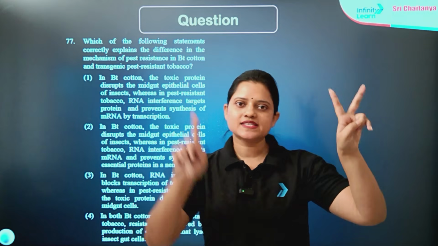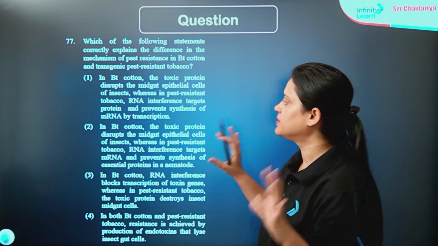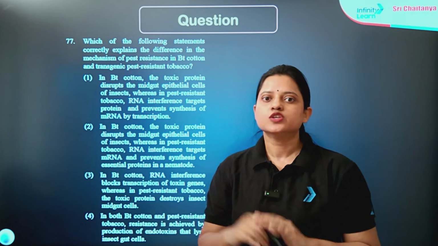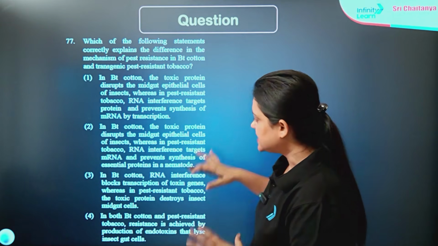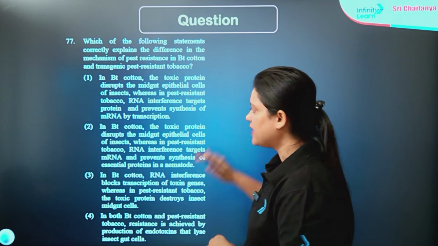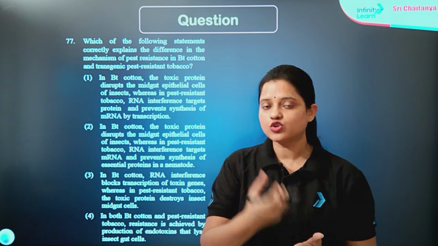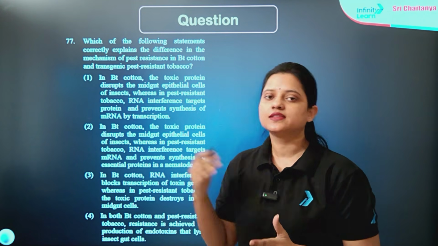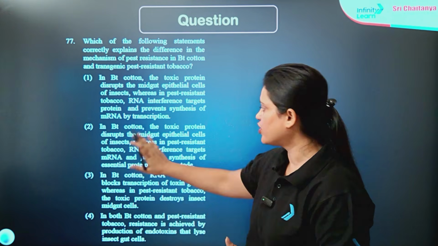So these are two examples given in our book in biotechnology. So the first one is related to the BT cotton, right? So we are introducing genes in BT cotton plant that are producing toxins, right? And these toxins are active only in the gut of the insects because of the alkaline pH, right? So that is true for BT cotton.